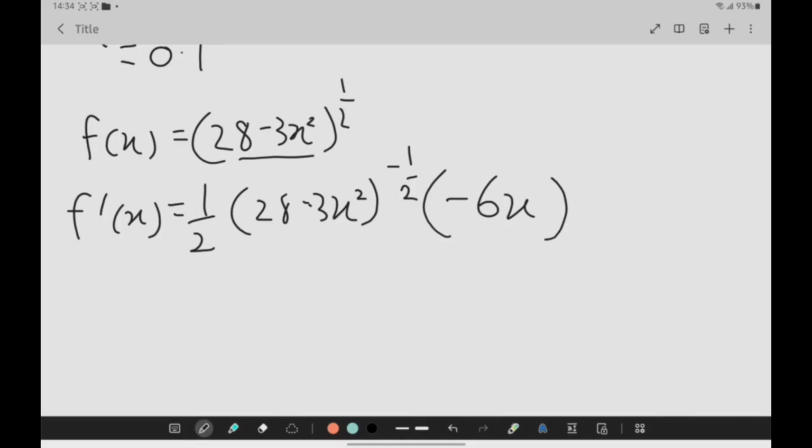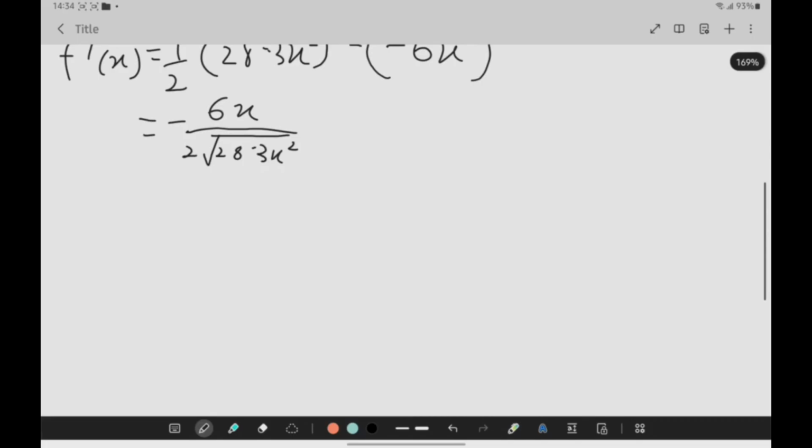Now simplify it. You should get negative 6x to the power of this, and this should be your f prime.